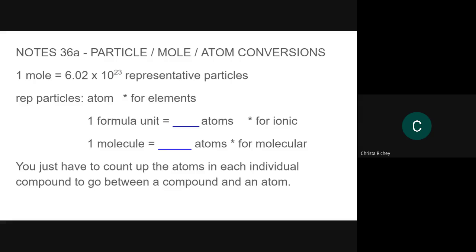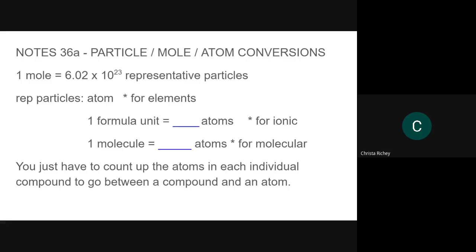If you have an ionic compound like salt or aluminum phosphate or calcium carbonate, a mole of that thing is worth Avogadro's number worth of formula units, which we abbreviate as FU. But that formula unit is made up of a certain number of atoms. If you're going directly from moles to atoms and it's an element, it is a 1-step problem.